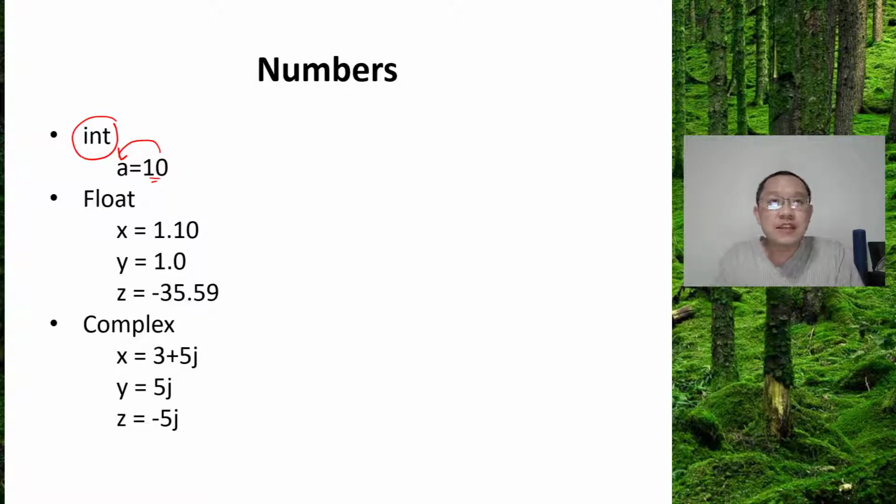You will use integer for counting numbers. For example, you count the number of animal species in a natural preserved area. You count the number of cells. The number of cells or the number of animals could not be represented by a floating number, so it's better to use integer.